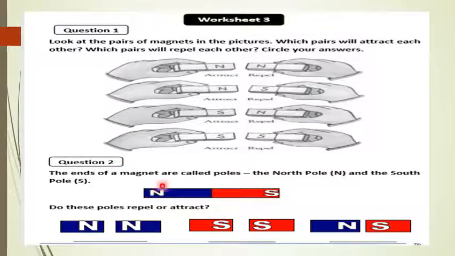The N is for north and the S is for south. And then they bring you some pairs of magnets, and they're asking you if they're going to repel or attract. So you have here the first pair, and you have to write here, are they going to attract or repel? This is the second pair, and you have to write here, are they going to repel or attract? And here is the last one, and again you're going to write if they're going to repel or attract.